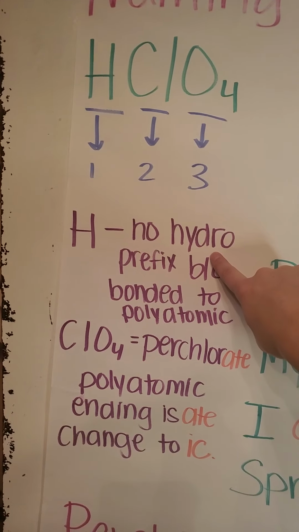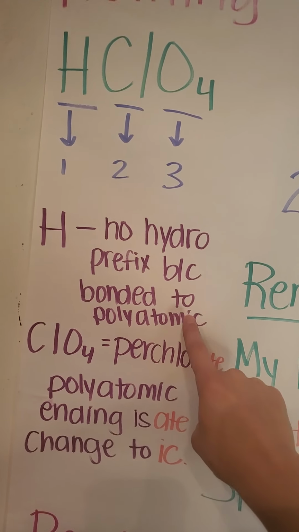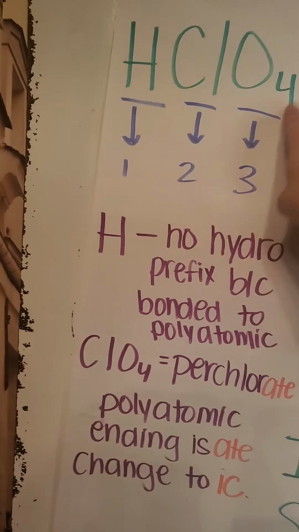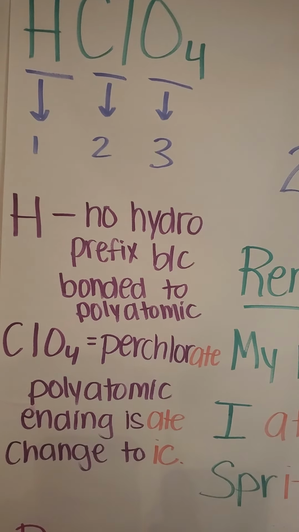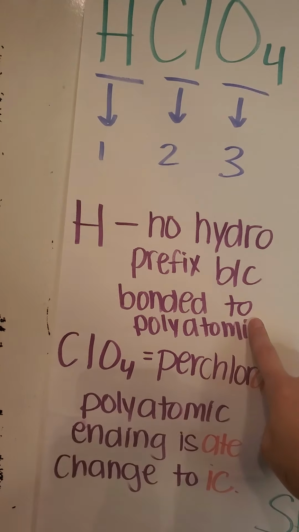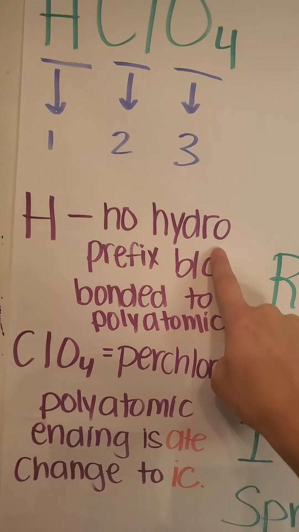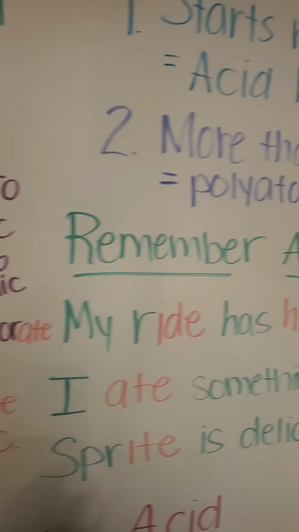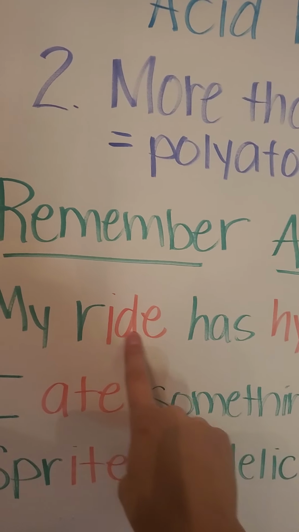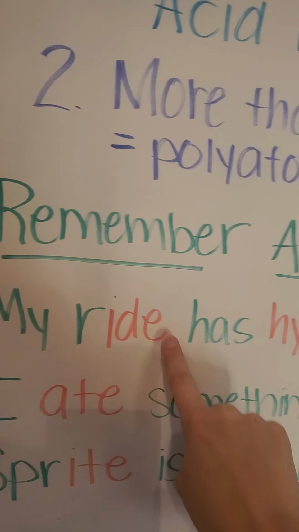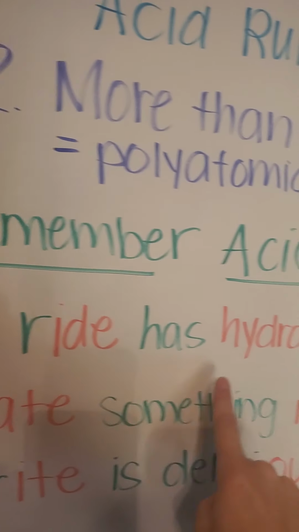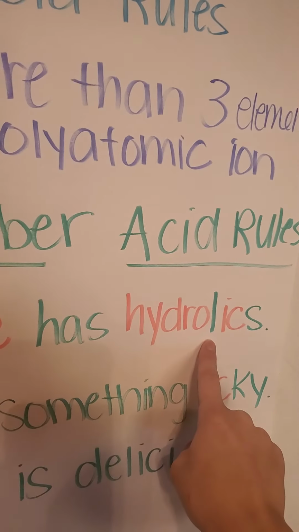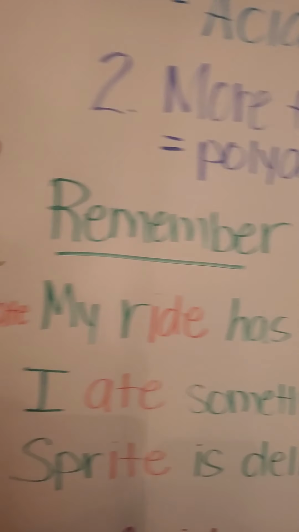when we're looking at this, we have hydrogen, okay? And we know that it's bonded right here to a polyatomic ion. So, since it's bonded to a polyatomic ion, we don't use this hydro prefix. Remember, hydro goes with IDE. So when we do not have a polyatomic ion, then we use hydro and the ending of IC.